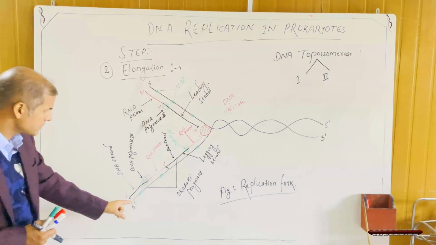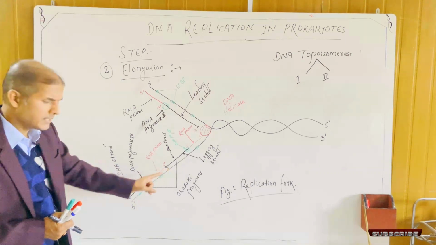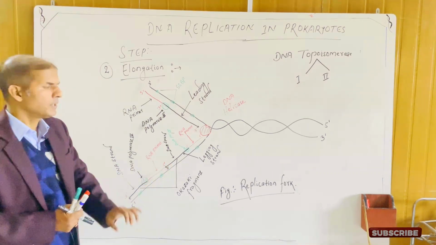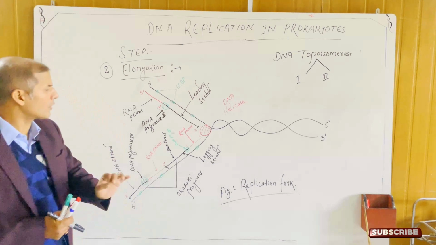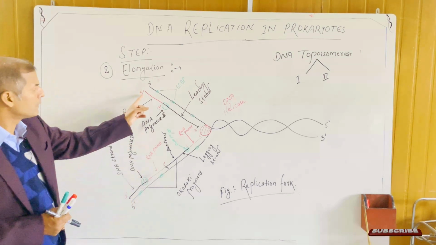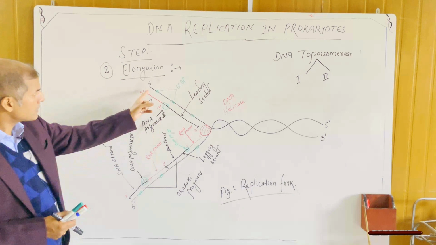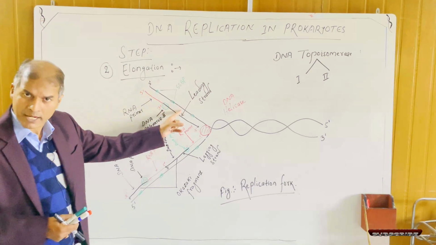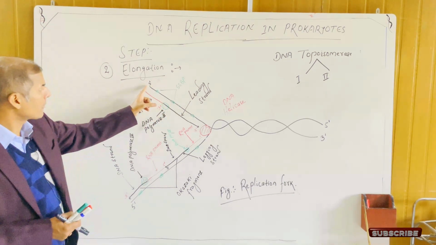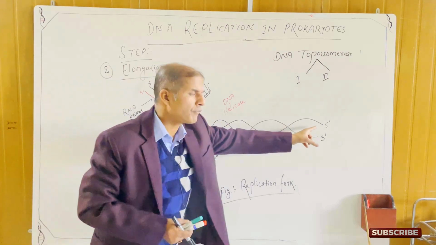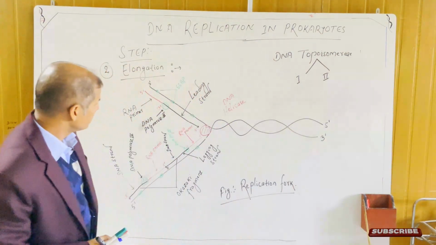At first we are going to talk about the formation of the new DNA strand against the first parental strand, which moves from 3' to 5' direction.